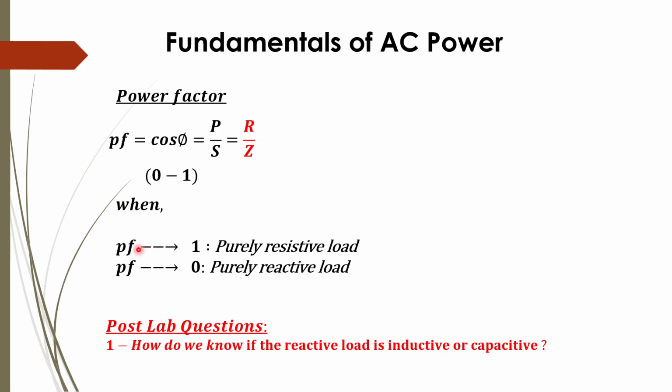When the power factor was 1, there was a purely resistive load like a simple resistor, right? So those are the extremes: when power factor is 1, it's a purely resistive load, and when the power factor is 0, it's a purely reactive load.